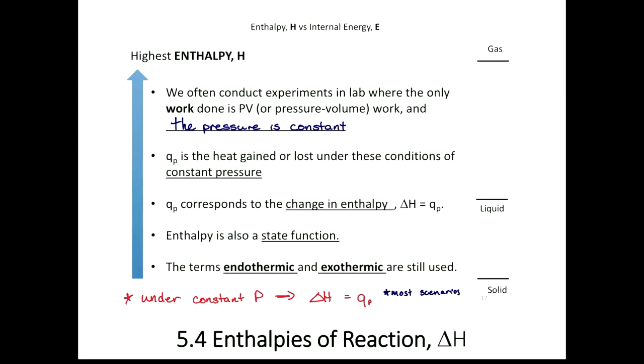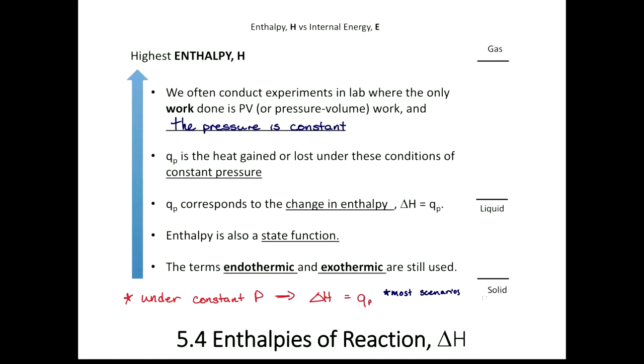So we utilize the idea that pressure is always constant on Earth. It's always 1 atmosphere. What that allows us to do is ignore the work component done in chemical reactions, and we can just focus on the heat component of chemical reactions. If we focus on the heat component at a constant pressure, we can think about energy in terms of enthalpy instead.